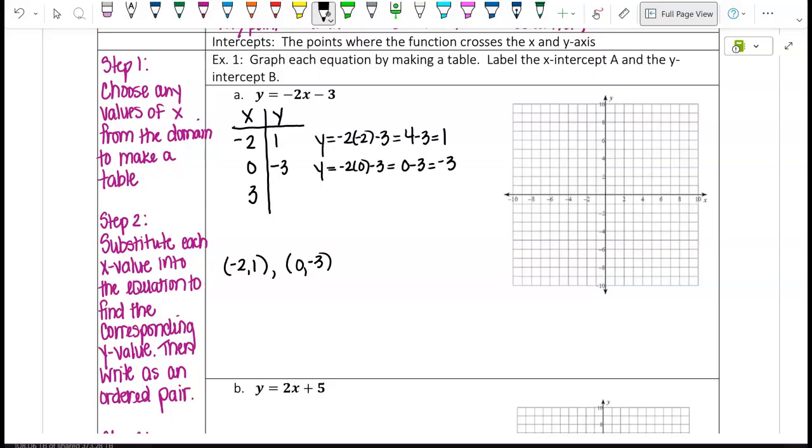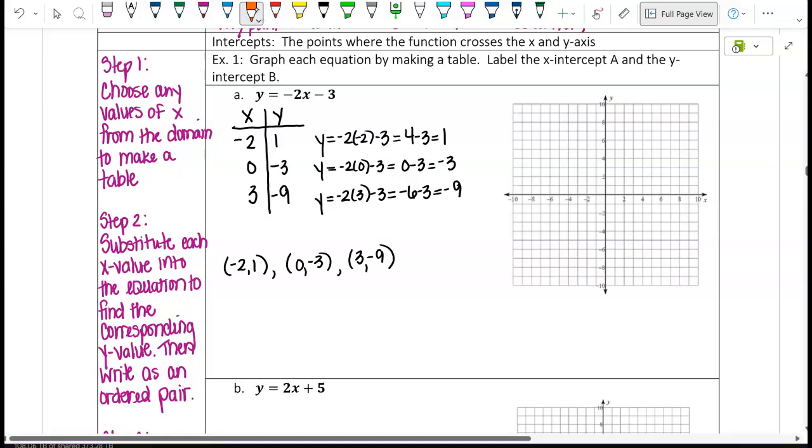Then I need to substitute in the last one, y equals negative 2 times 3 minus 3. So negative 6 minus 3 equals negative 9. So my last ordered pair is going to be 3, comma, negative 9.